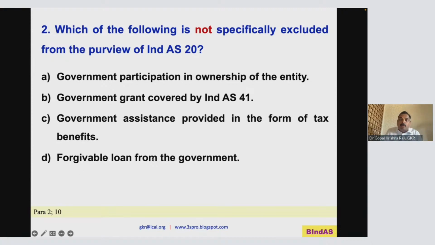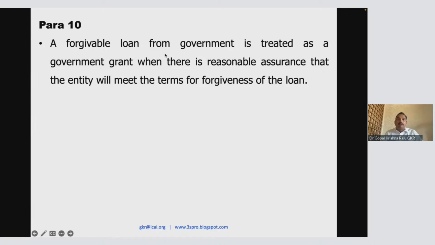Forgivable loan from the government. Now look at this. What is a forgivable loan? I give a loan, it has to be repaid. Now for your information, the first forgivable loan was given by VP Singh, our former Prime Minister.